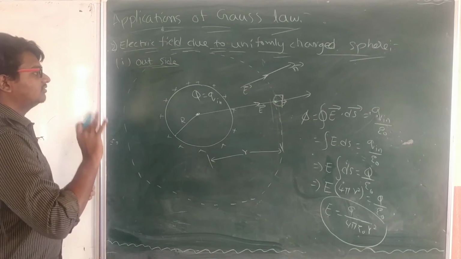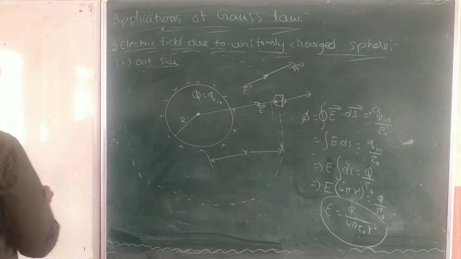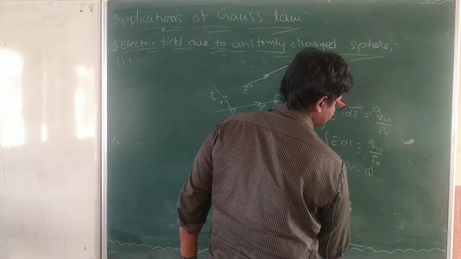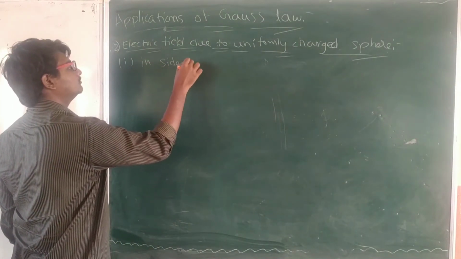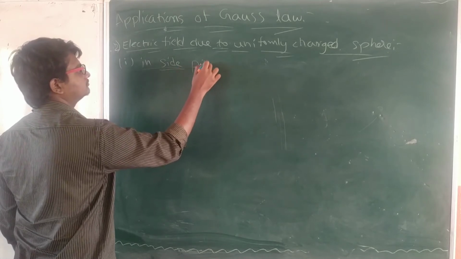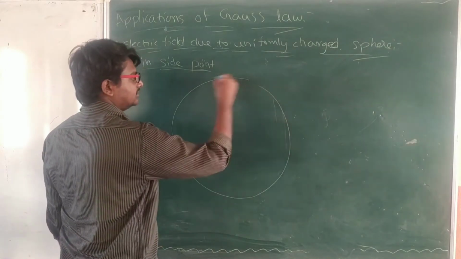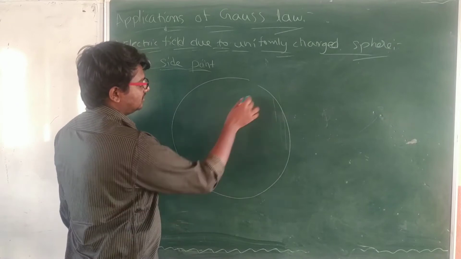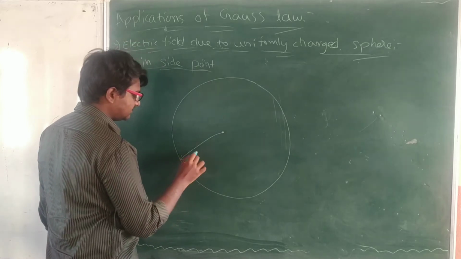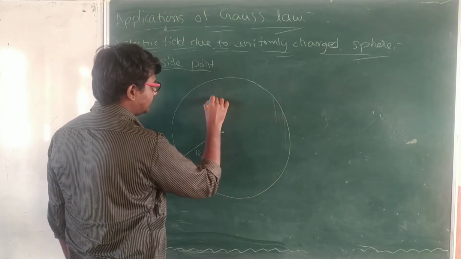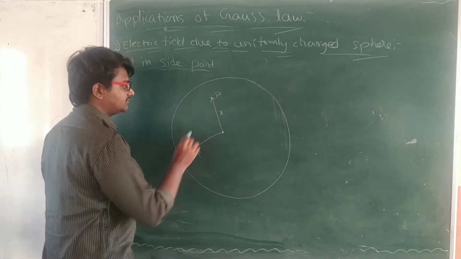Now we will see the behavior of the electric field for an inside point. Let's consider a solid spherical ball whose radius is capital R, and I am considering a point P inside at a distance of small r from the center.